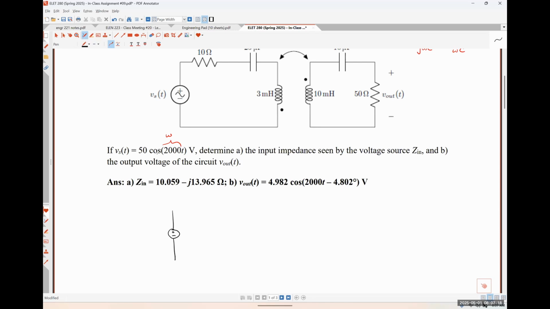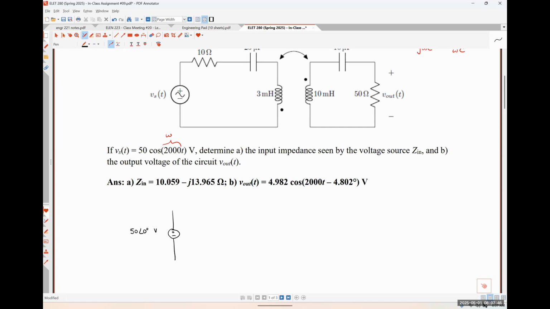So this 50 cosine 2000t plus 0 degrees would simply become 50 angle 0 degrees volts. We kept the magnitude, we kept the phase angle, we threw everything else away. Is that particularly difficult? I don't think so. Have you guys seen that before? I hope the answer is yes. You should have covered it in your circuits class.